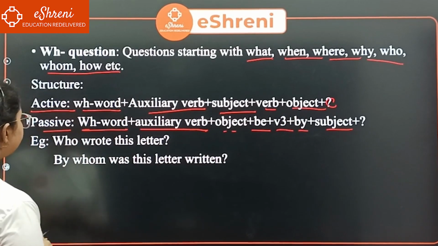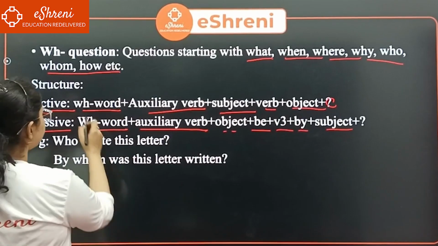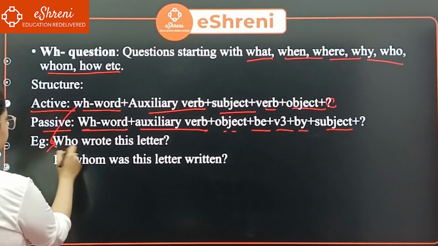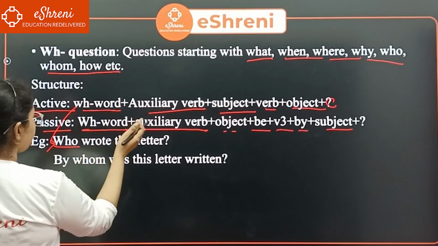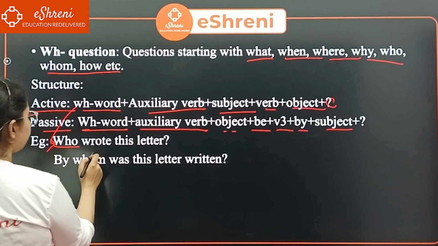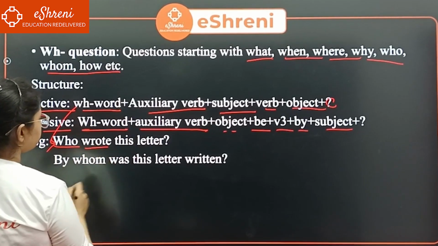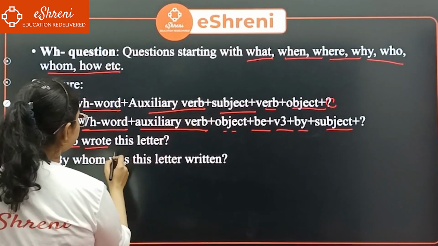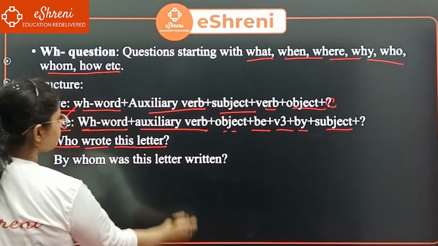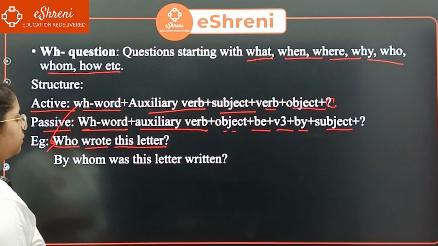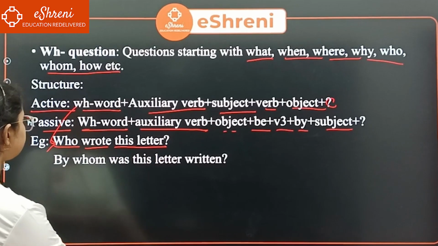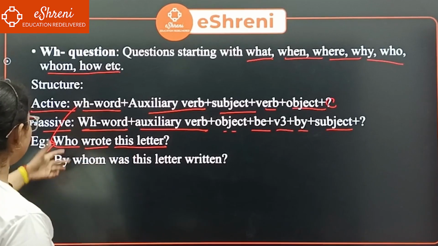So for example, who wrote this letter? Here the WH word is who, then comes the auxiliary verb, here the verb is wrote, next the object, this letter. Okay, who wrote this letter?